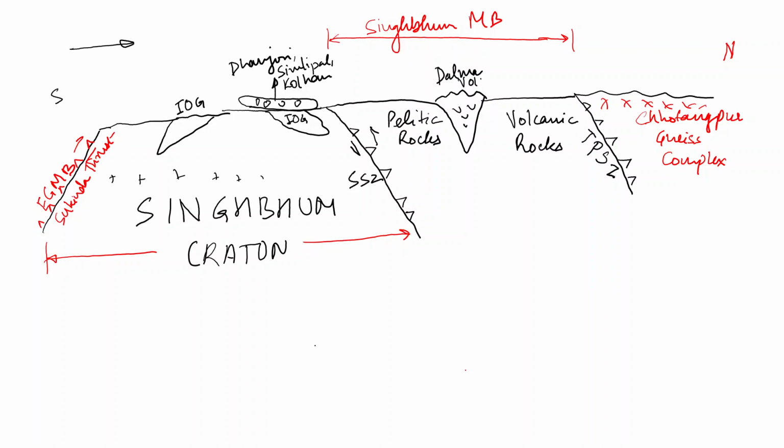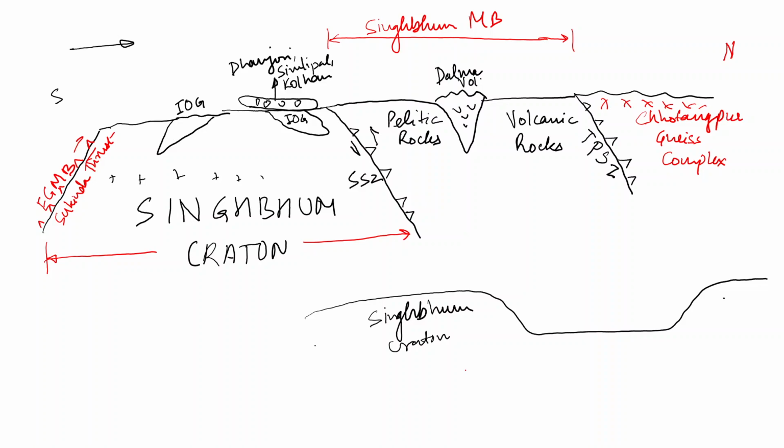So in between the Singhbhum Craton and the Chota Nagpur Gneiss Complex, the situation was somewhat like this. So this portion over here is the Singhbhum Craton, and this is the Chota Nagpur Gneiss Complex.